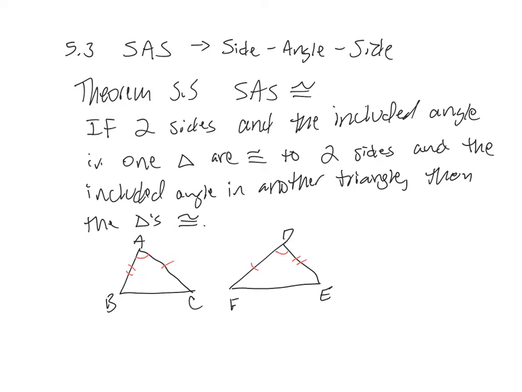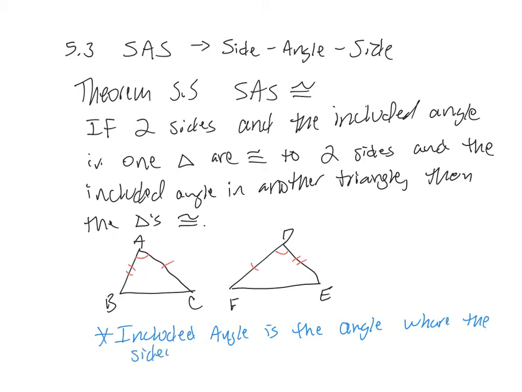Okay, so again, the included angle is the angle where the sides meet. On the first triangle, AB and AC meet at A. DF and DE meet at D. You could also look at it like this.